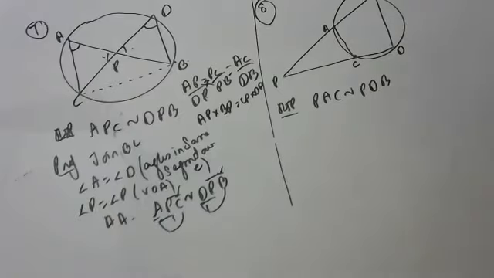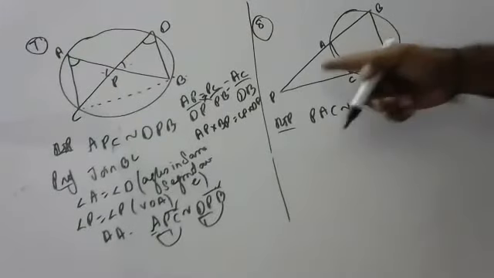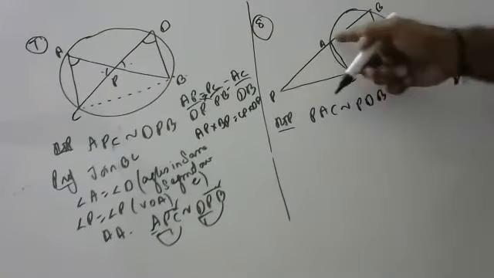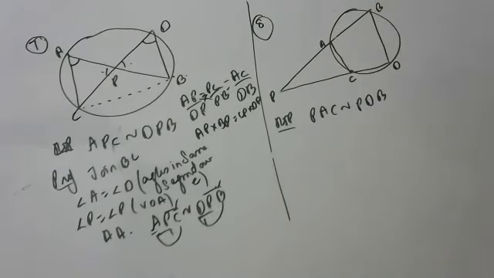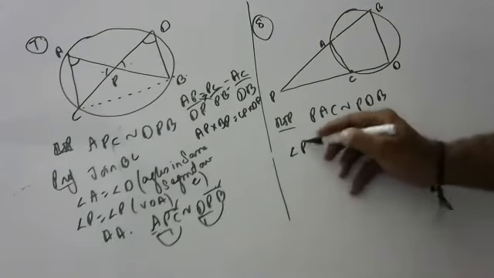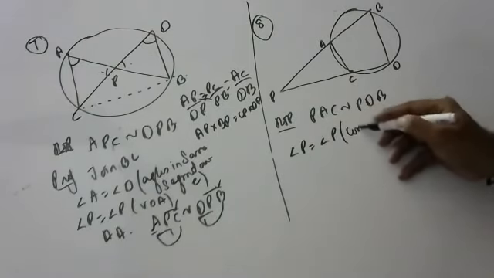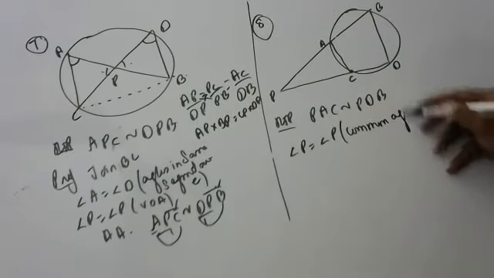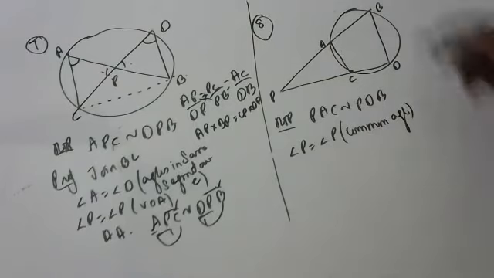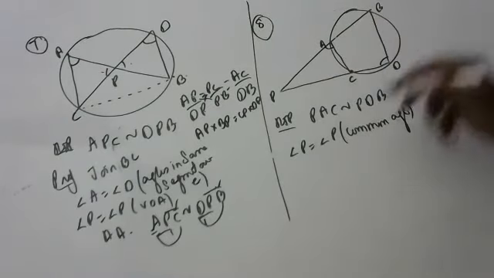Now can anyone say, children, how the small triangle is similar to the big triangle? PAC is similar to PDB. Can you say how? Angle P equals angle P, a common angle in the small triangle. And angle A equals angle D. Why?